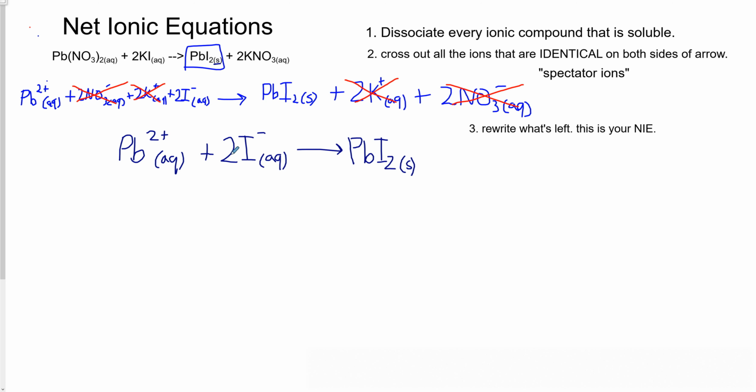So a net ionic equation tells you what is really doing the work in the chemical reaction and what it's making. So the nitrate and the potassium ion, who cares? Those guys are just spectating, they're watching this take place. A good example of if you mix two things together and no reaction happens would be something like this.